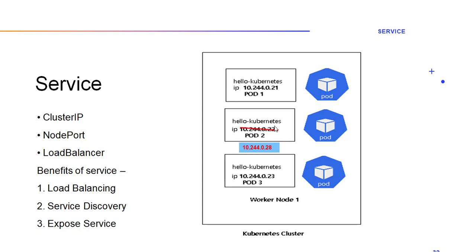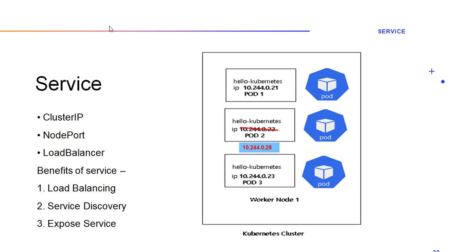Previously it was 22. So if we want to communicate directly with a pod, it will be very challenging, right? Because a pod can live and die, and whenever a pod is created, a new IP is assigned. Then adding those IPs in our applications and managing them will be very difficult, right?